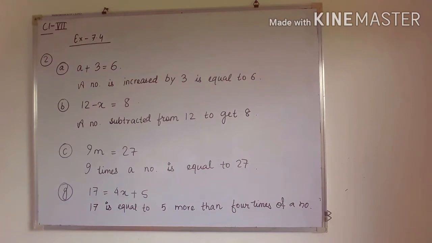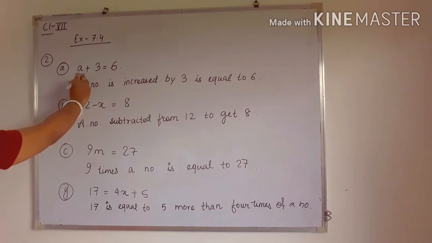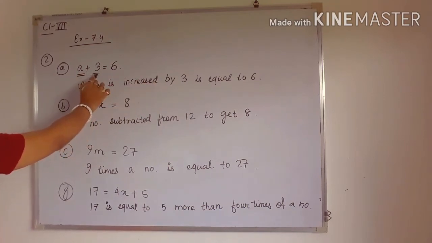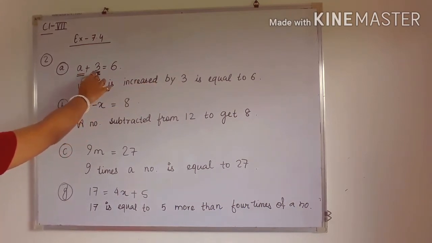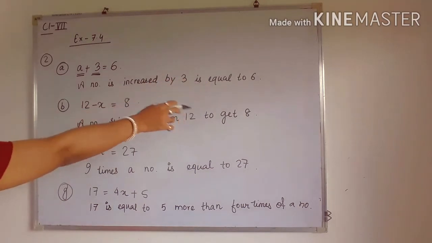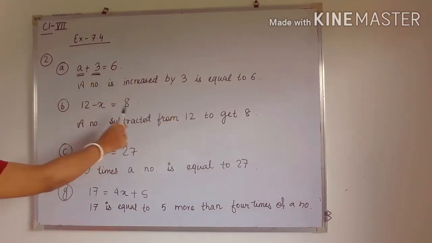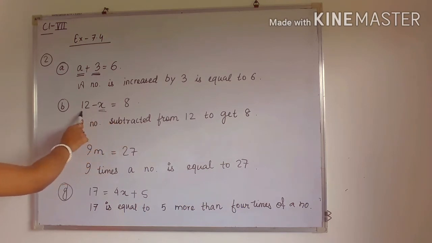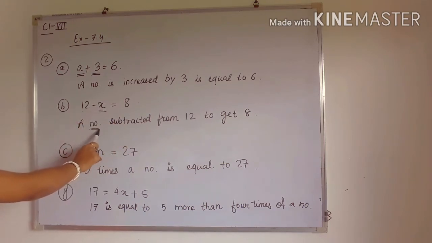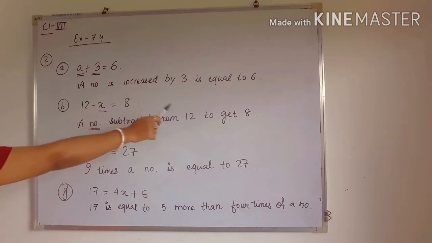So see question a, a plus 3 is equal to 6. A number is increased by 3, so 3 is added to it and is equal to 6. Similarly see this one, a number is subtracted from 12, so x is subtracted from 12, x is that number, to get 8.